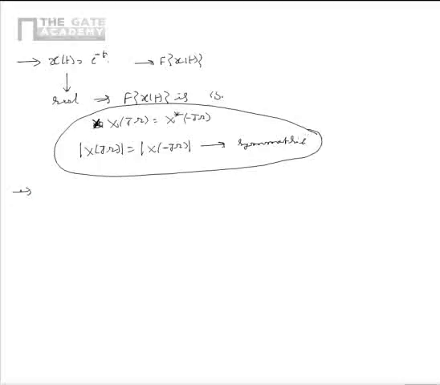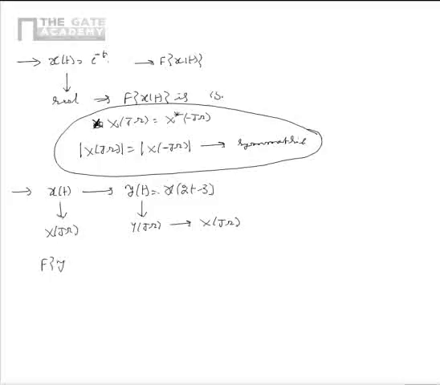Now let us consider another problem as per which there is a continuous time signal x(t) given. Please note that x(t) is non-periodic and there is a derived version of x(t) given as y(t) = x(2t - 3). If the Fourier transform of x(t) is X(jω), find the Fourier transform of y(t), that is Y(jω), in terms of X(jω).